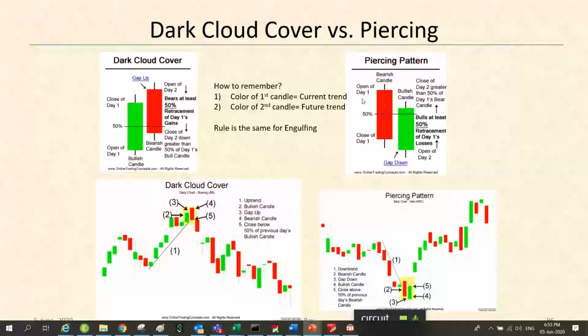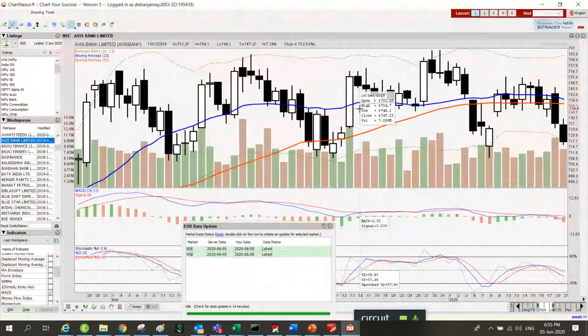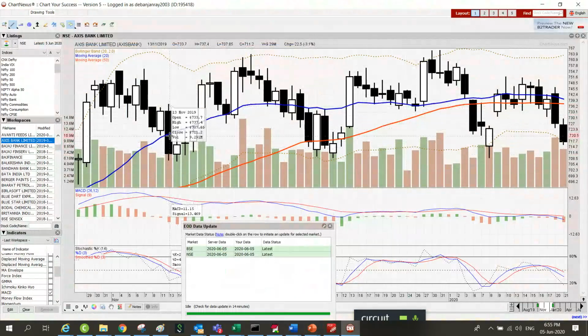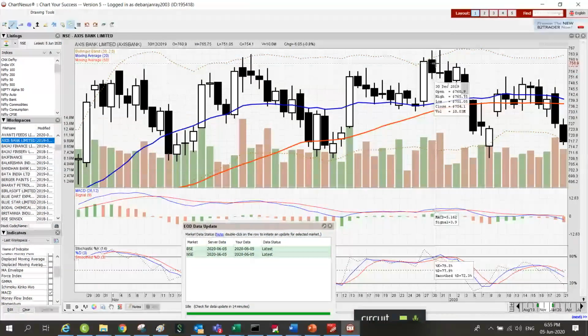Here also it is the same. The color of the second really matters. It is falling down, and then there is a bullish candle, and it will go up. You can find this here. It is almost the same thing. This is dark cloud cover. You can see it is a dark cloud cover: the opening is higher than the previous close, and then it is falling down. So this is an example of dark cloud cover.